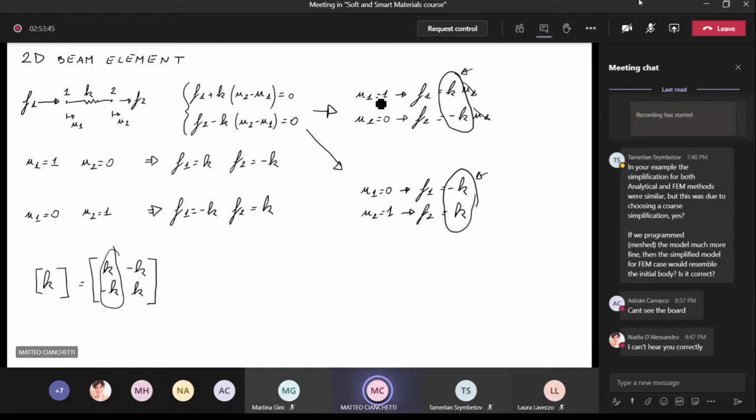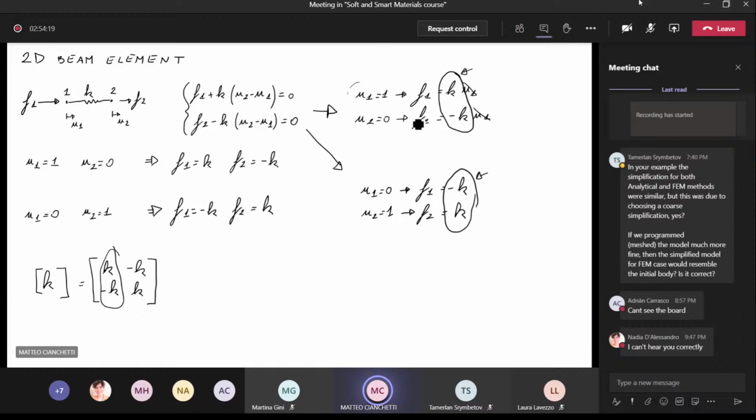In our case, the degree of freedom that we gave unit value is U1, it is equal to 1, while the other degrees of freedom are 0. So in order to set the first column of your element stiffness matrix, you can set the first degree of freedom equal to 1 and the other degrees of freedom equal to 0, and your result will be the first column of the element stiffness matrix.